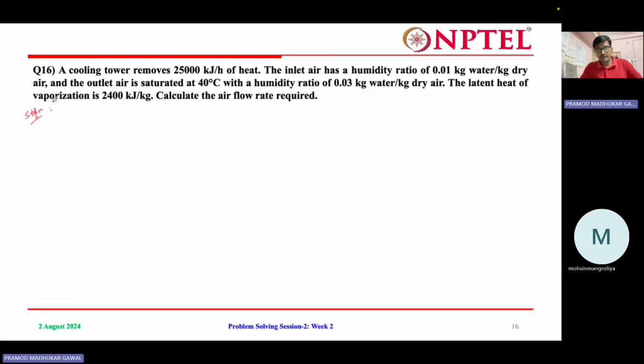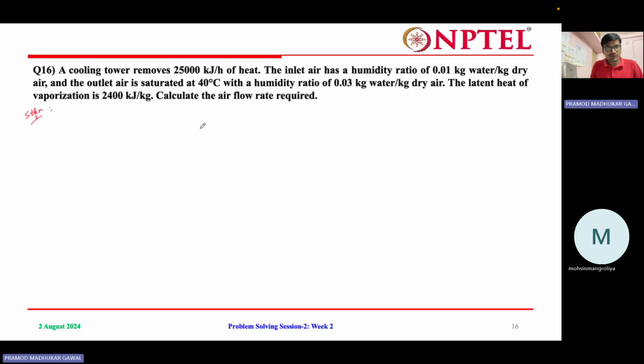Here, if I go to the back, whatever I have written down automatically comes here. So we have to calculate the air flow rate required.